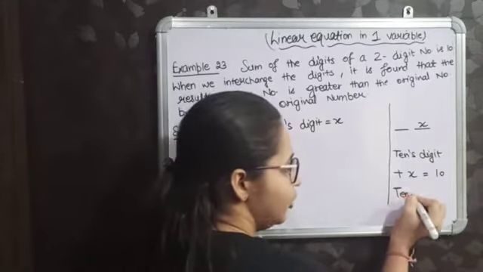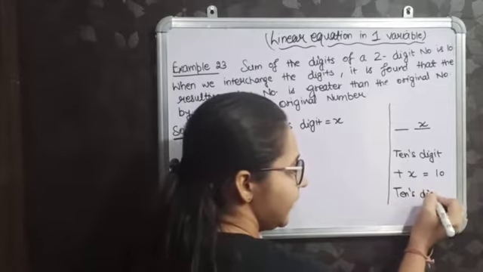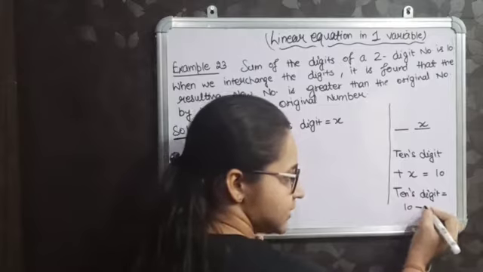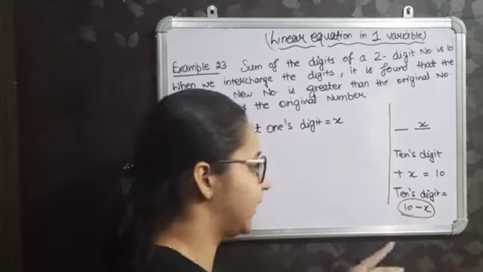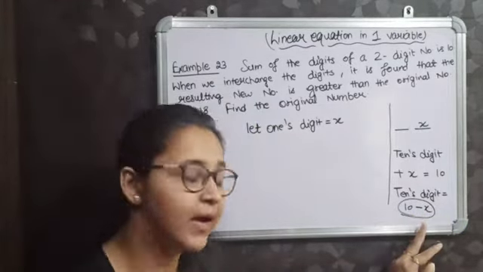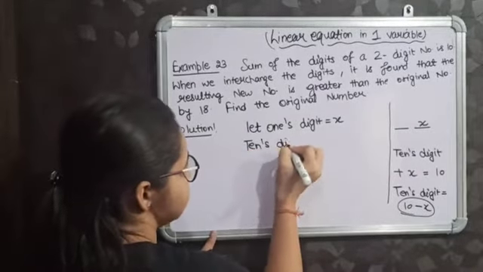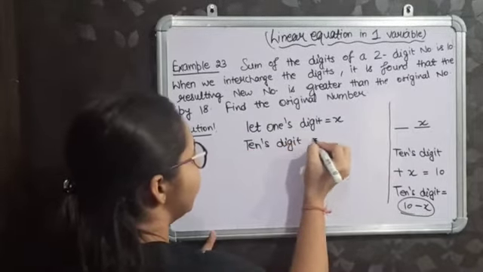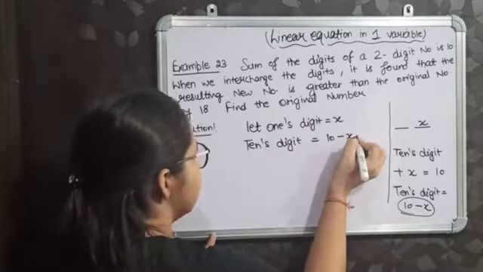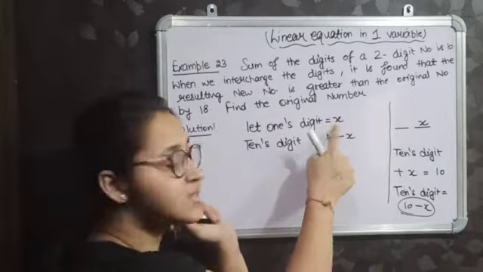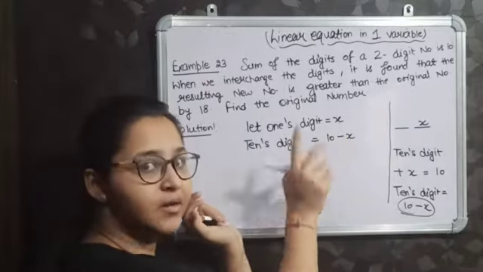It means your tens digit will be 10, and this x will come to the other side with a minus sign. So your tens digit will be 10 minus x. Write here that tens digit is equal to 10 minus x. So the ones digit is x and the tens digit is 10 minus x.